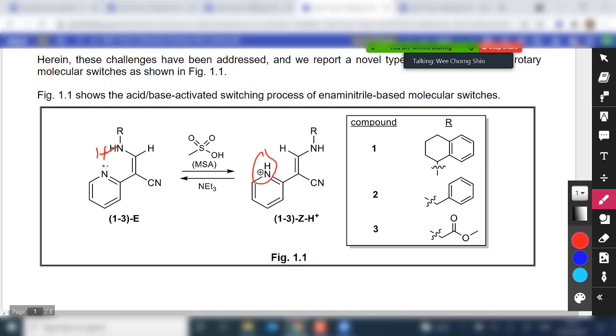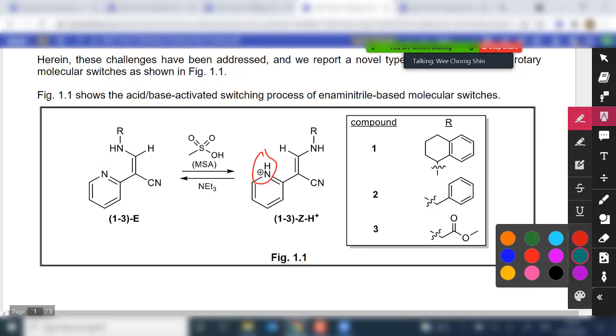then it has to make a choice, because you know molecules want to be as stable as possible. So what kind of choice will it make? If you look at this whole portion versus this whole portion, in terms of steric demand it's a bit greater.